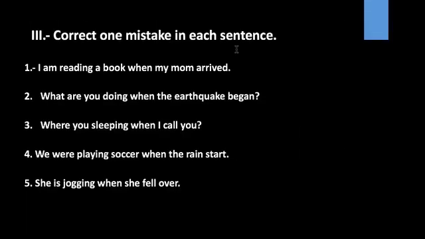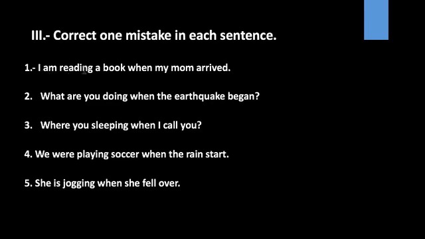And okay, we have this part, exercise number 3. Correct one mistake in each sentence. Each sentence has a mistake, so we need to find it and correct it. Please rewrite the sentence, the correct sentence. Okay, so first, I'm going to help you with this.